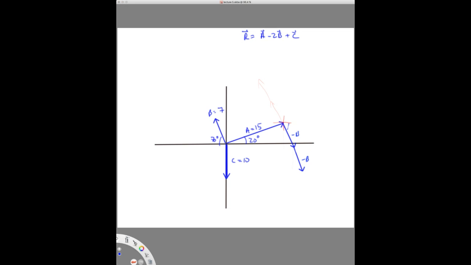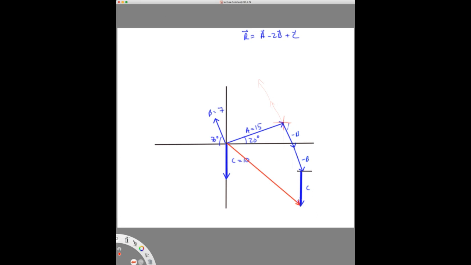And then finally, we want to take C and move that to the end. So we're going to copy it, paste it, and, sorry, this process is so slow. Be easier to draw it, I think. Okay, and finally then the R vector, the resultant vector, will look like that.